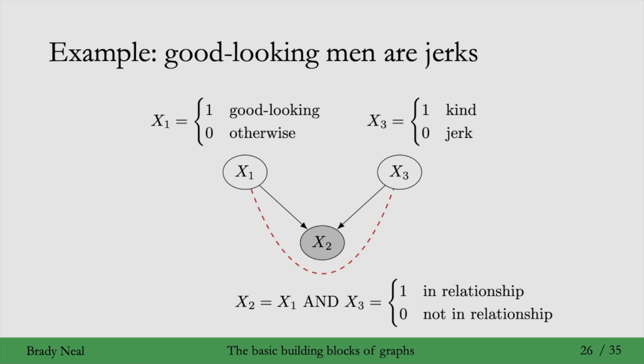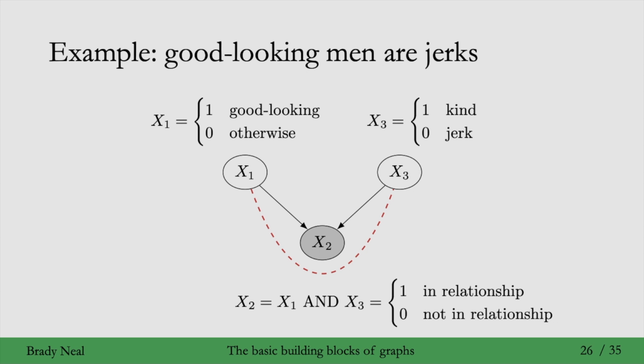So the remaining men, because we used an and function for x2 here, are either not good looking and kind, or they are good looking and jerks, or they are not good looking and they're jerks. But importantly, all of the men who are not in a relationship and are good looking are jerks in this example. So because we condition on not in a relationship, we actually do see an association between x1 and x3.